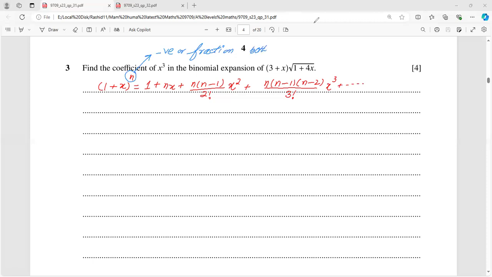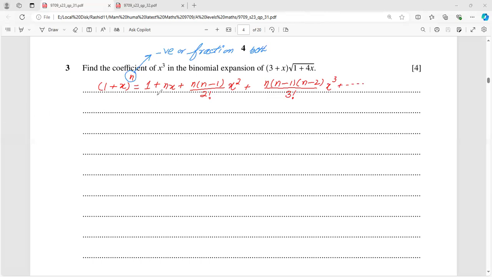Means this formula is applicable only when the whole power of the binomial expression must be negative, must be fractional, or must be both. So I will try to solve this question.